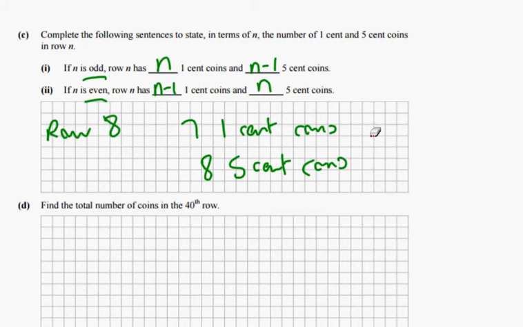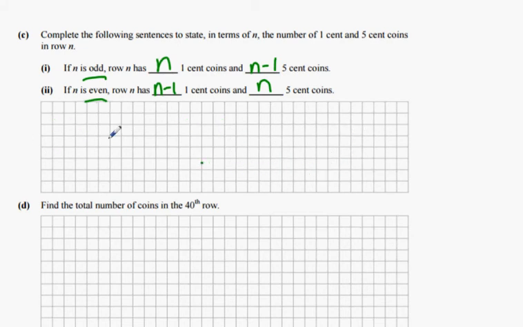If I called out row 5, because we know what it looks like, which rule are you going to use? The top rule or the bottom rule? Top rule for odd numbers. How many 1 cent coins would I have? 5 1 centers. And how many 5-cent coins would I have? 4 5 centers. Okay, moving on.